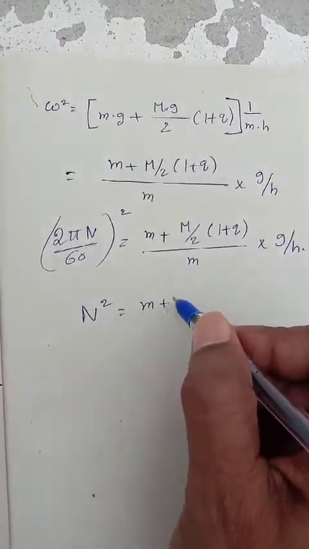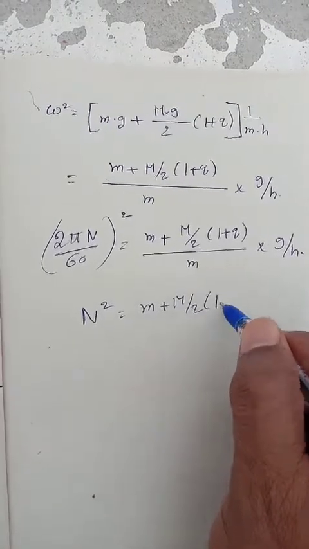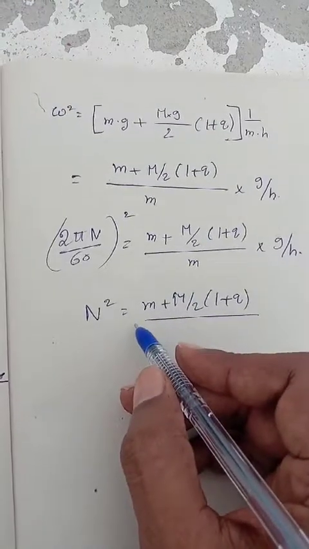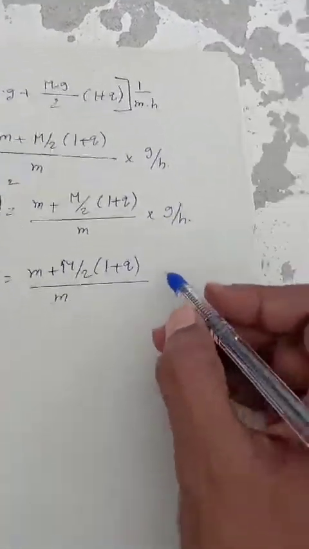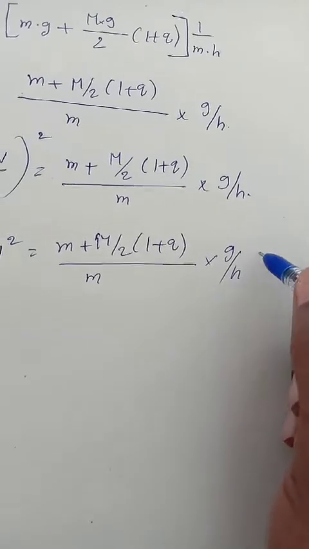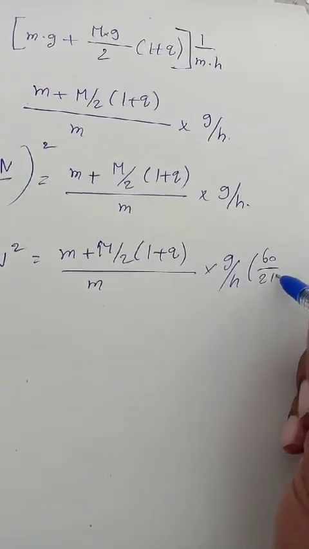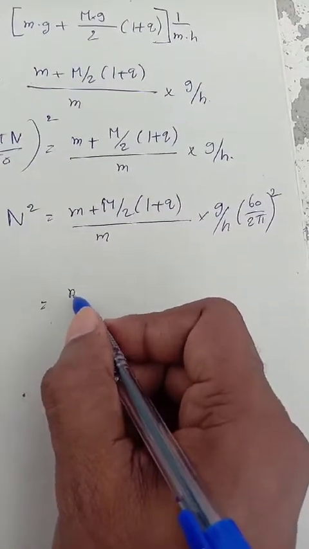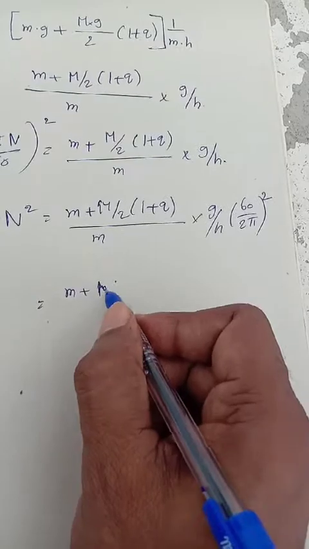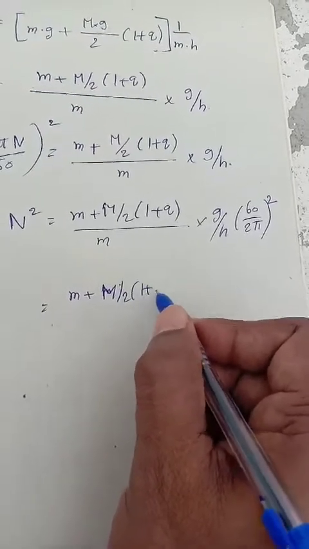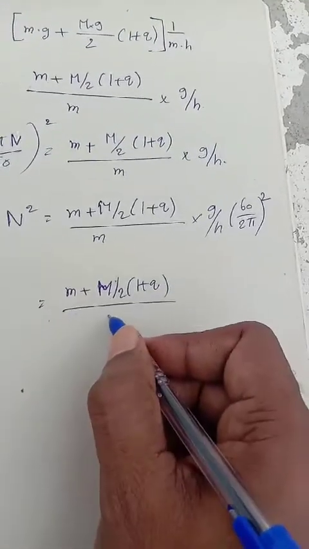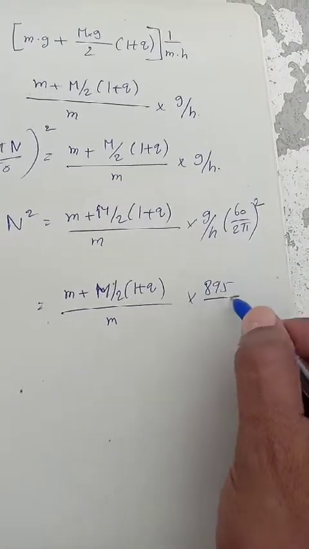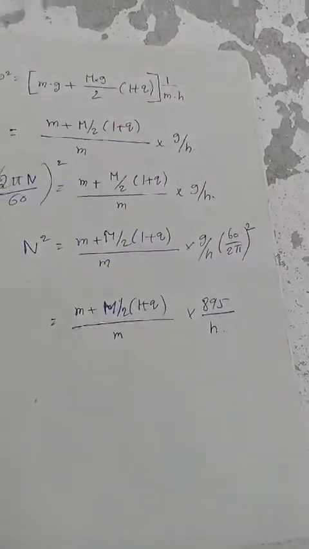N square is equal to m by 2 1 plus q into g by h into 60 divided by 2 pi whole square. So then we can write this thing, m plus capital M by 2 1 plus q divided by m into 895 divided by h finally.